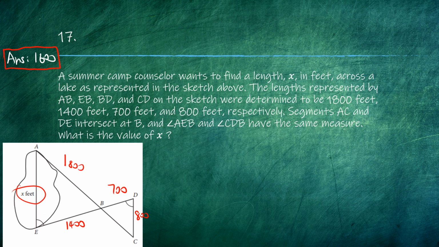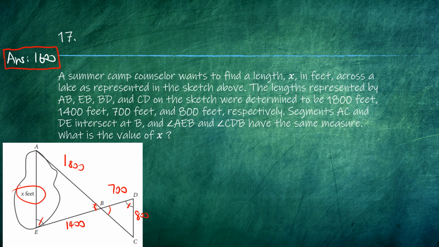So we can just write here angle AEB is the same as angle CDB. Let's write a sign here to indicate they're the same. And secondly, we know this angle here, they are also the same because they're what we call the vertical angles. They are composed of the two straight lines. So these two angles are the same, and these two angles, if we were to draw it, are also the same.